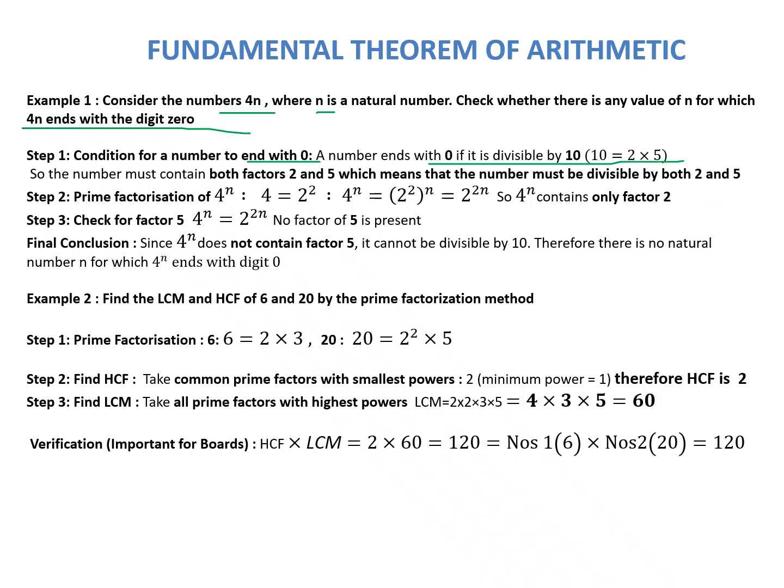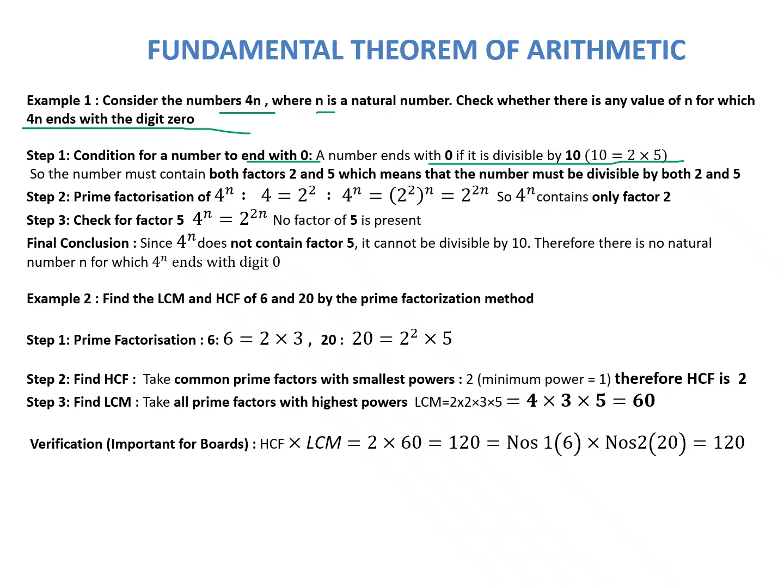Because a number divisible by 5 can also end with 5, not necessarily 0, since 35 is also divisible by 5. But a number divisible by 10 has to end with 0, and to end with 0, a number has to be divisible by both 2 and 5.